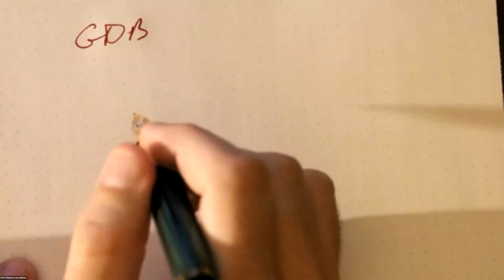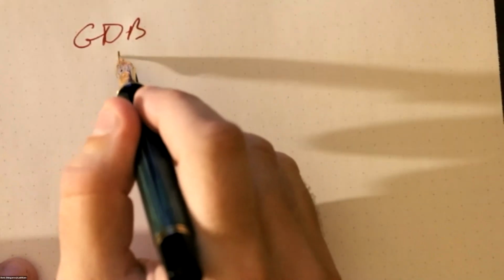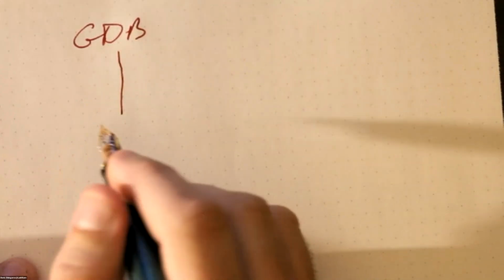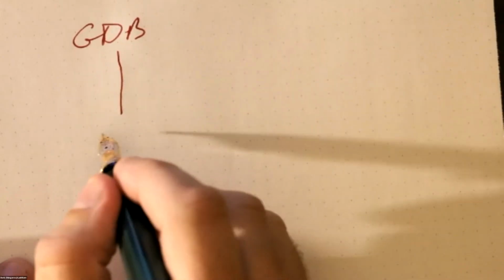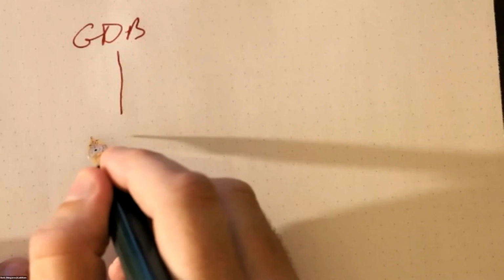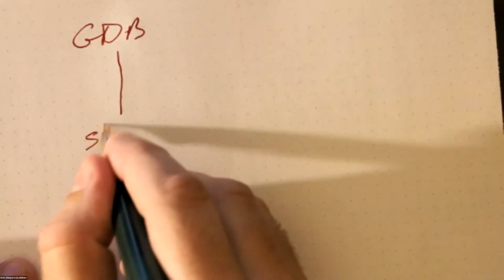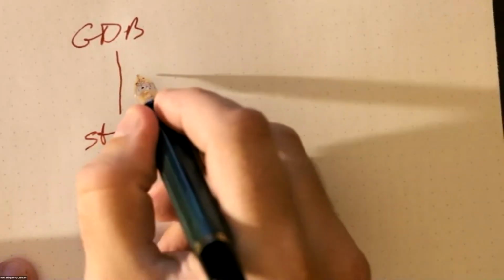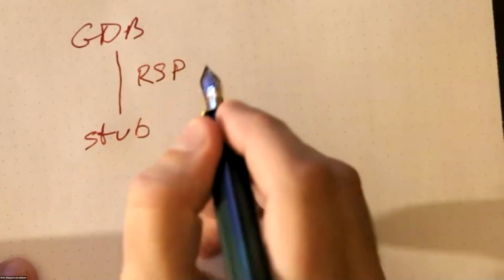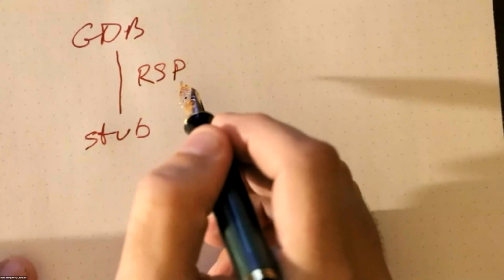What you do instead is you connect on a socket to some kind of RSP stub, what we call. So here's the stub, and what you talk on here is something you call RSP, for remote serial protocol.